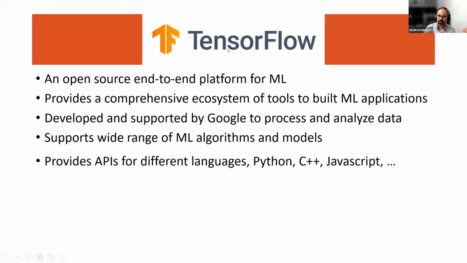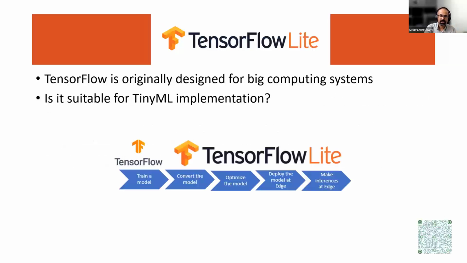But TensorFlow is more popular for deep learning and neural networks. It provides a wide range of APIs for different programming languages like Python and C++, and is developed and supported by Google.